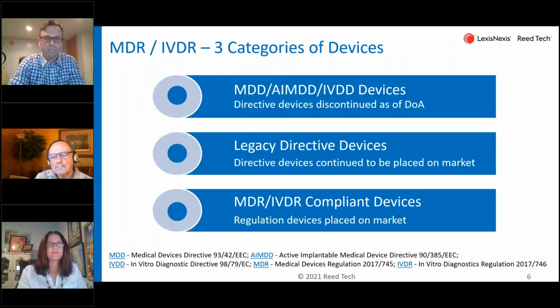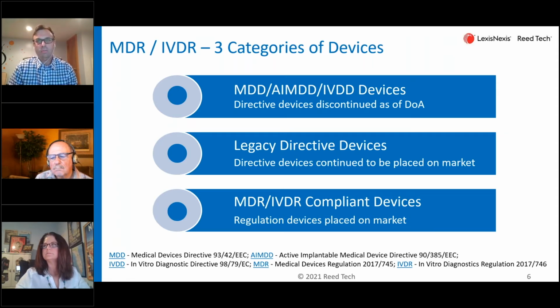Okay, no problem. As you become familiar with the MDR and IVDR, you become aware that there are multiple buckets your product portfolio could fall into. First, there are the MDD, AIMDD, and IVDD devices, the directive devices, essentially the ones that will be discontinued as of the date of application.